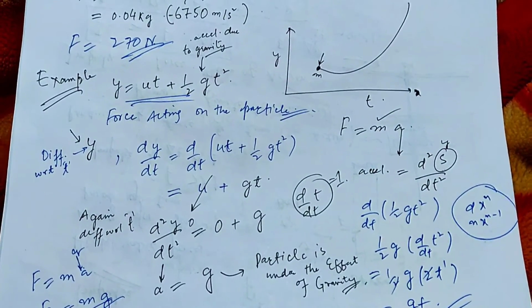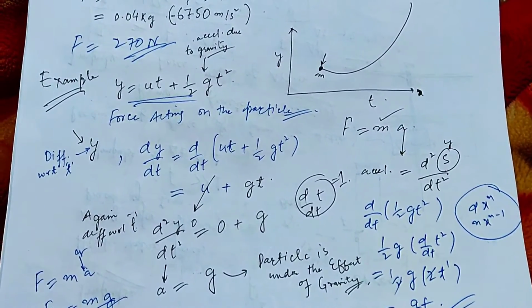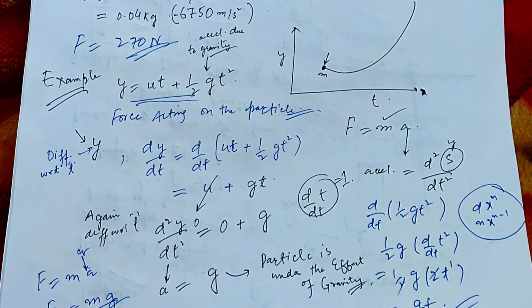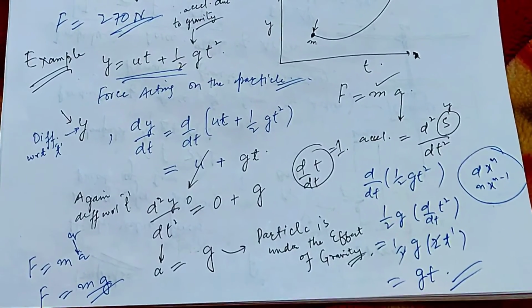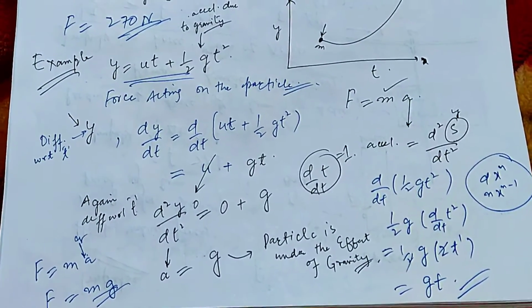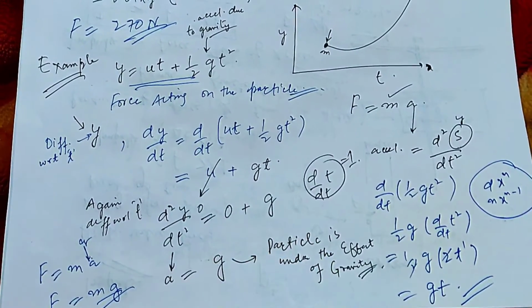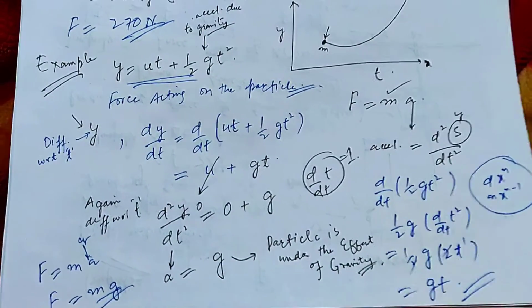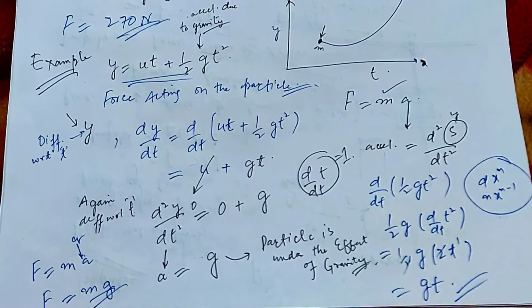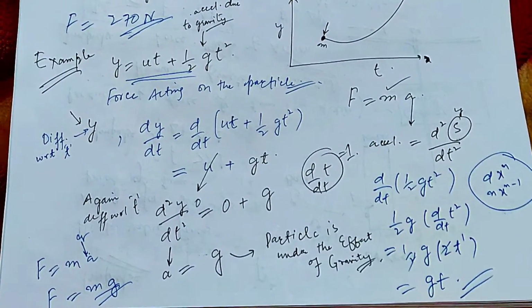So kindly solve this yourself by looking at this problem which I solved myself. Sorry for that, there was a technical issue. So kindly look into it and try to understand how this equation comes into existence, and how this acceleration is equal to the acceleration due to gravity. So hope you get it very soon.